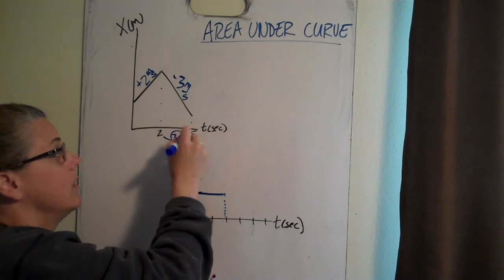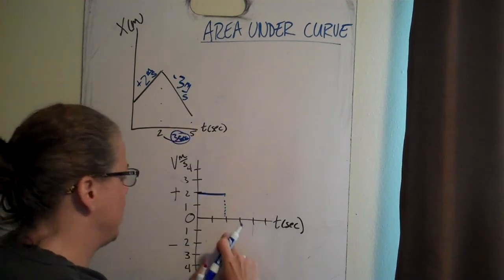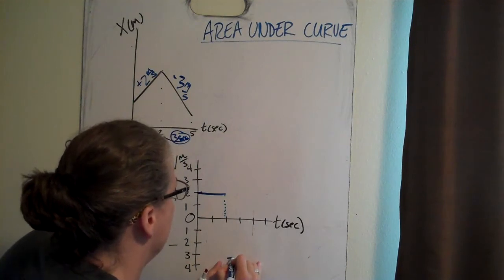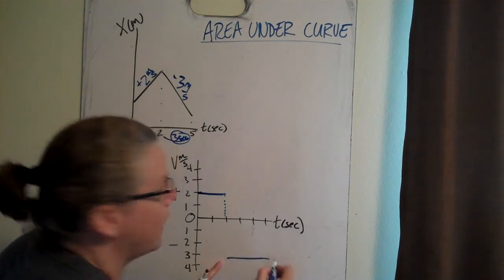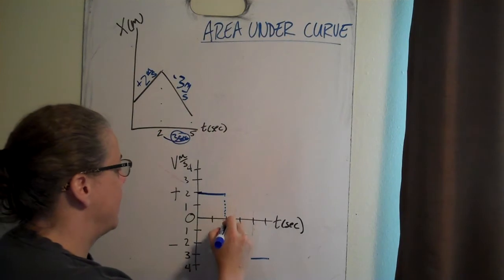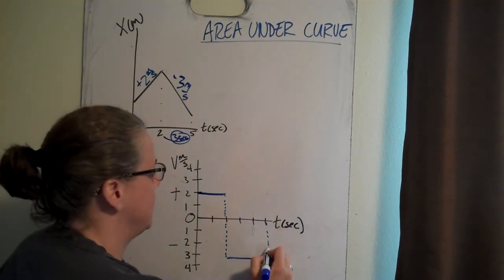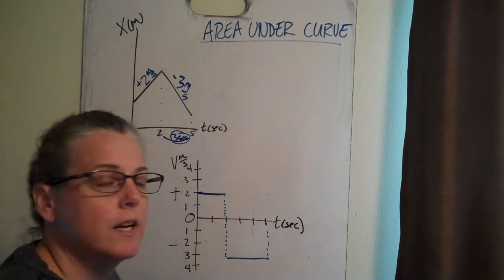Again, we're going to put the little dashed lines just to help us visually connect the 2 pieces.